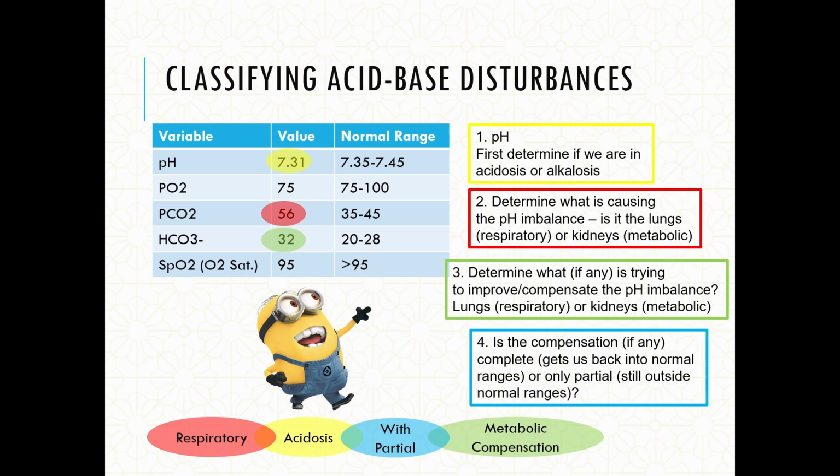And that would be a fully metabolically compensated respiratory acidosis, or a respiratory acidosis with full metabolic compensation, because that pH managed to get just back inside that normal range. Because it's not inside the normal range though, we're sticking with partial compensation, and so our label or our classification for this person's acid-base balance is a respiratory acidosis with partial metabolic compensation.